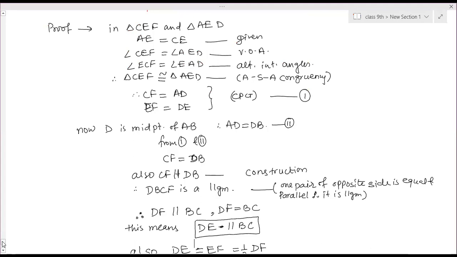Ma'am, in triangle CEF and triangle AED, we have CE is equal to AE, no? Yeah. Ma'am, can you show the construction?